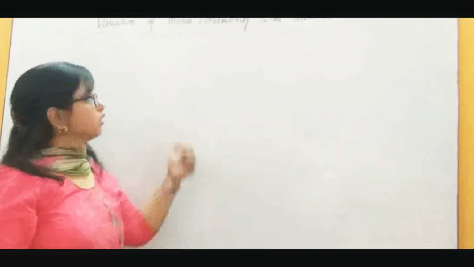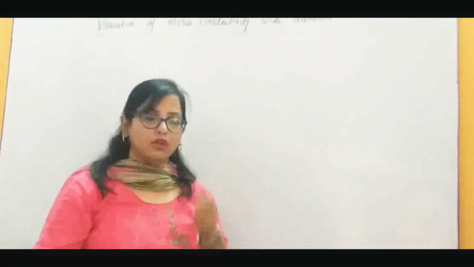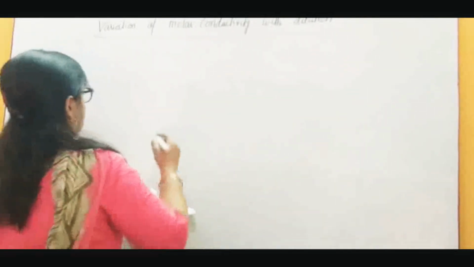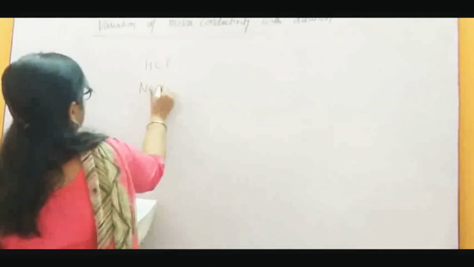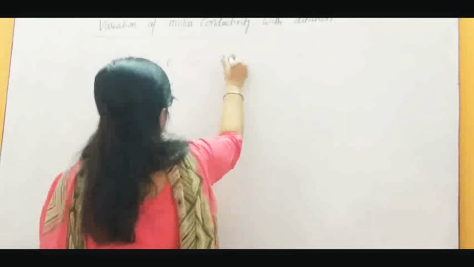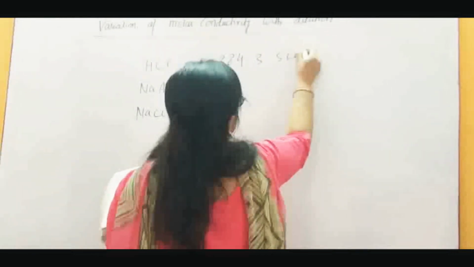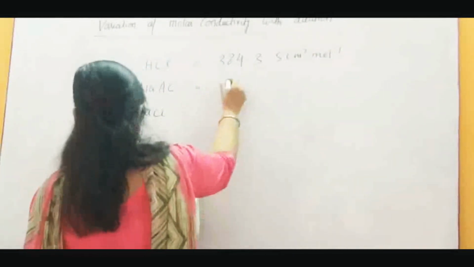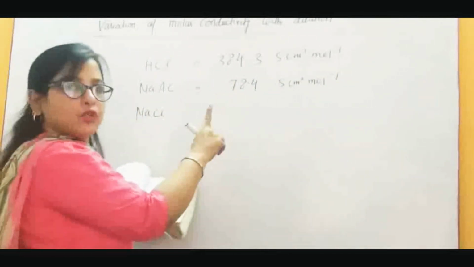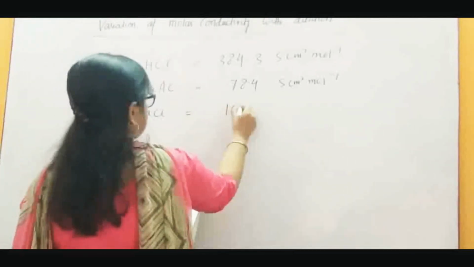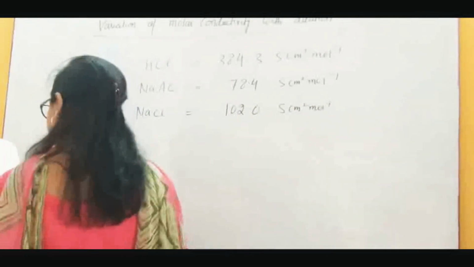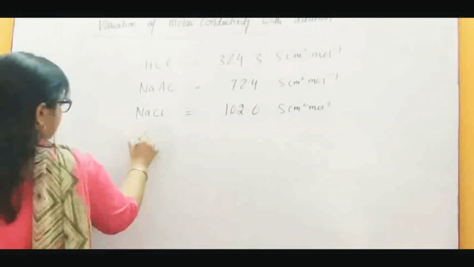Okay guys, so I will explain one numerical problem related to molar conductivity, Kohlrausch's law and limiting molar conductivity. I am having 3 electrolytes: HCl, sodium acetate and sodium chloride, and their limiting molar conductivities are 384.3 Siemens centimeter square mole inverse for HCl, 78.4 Siemens centimeter square mole inverse for sodium acetate, and 102.0 Siemens centimeter square mole inverse for NaCl.